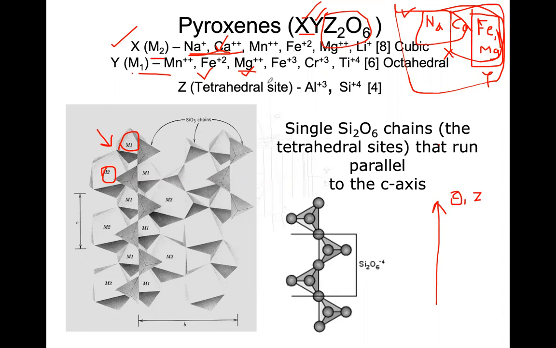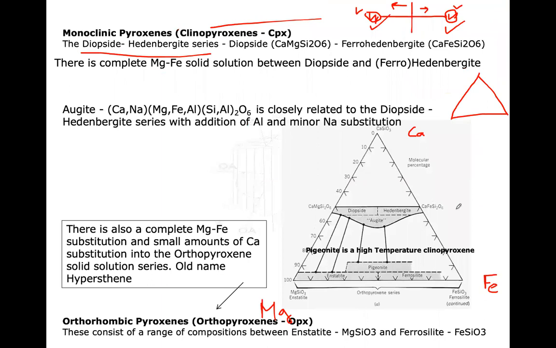Okay, right. So we have iron, magnesium, calcium representation, and this particular series that I am talking about, monoclinic pyroxenes, that is clinopyroxenes, they are having the diopside Hedenbergite series mainly, right? So the diopside Hedenbergite series means in this range.